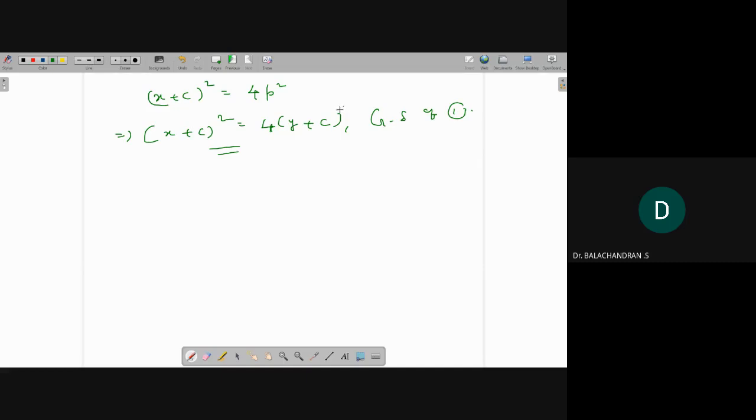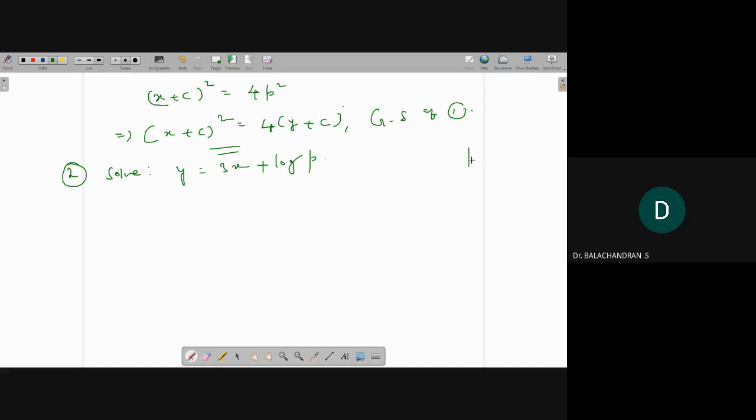So I think now I can go to the second problem. Solve y equal to 3x plus log p. Now I am going to solve this problem by solving for x.